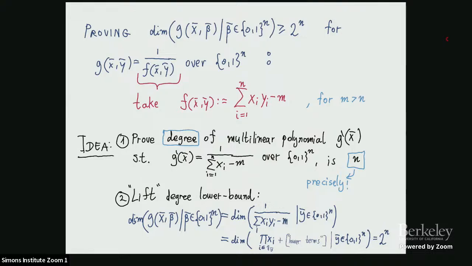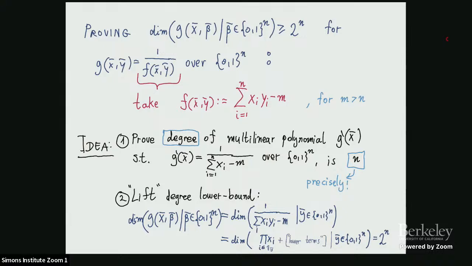And then we're going to lift this degree lower bound in this dimension argument. We're going to show that the dimension of G, when you plug in for the betas elements from the Boolean cube, is, just by definition, because this is G. And when we plug in y's, which are 0, 1, we're going to eliminate all the y's, and only some of the x's are going to survive.